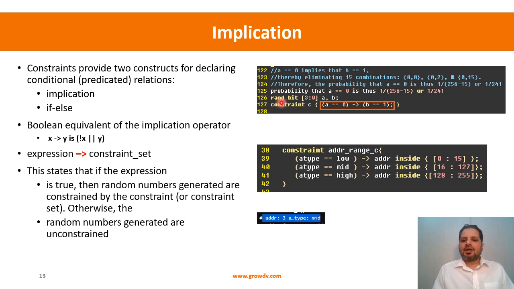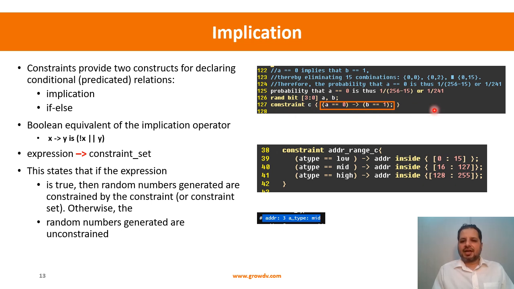So let's take an example. Pay attention over here. This is a slightly confusing concept. I have two 4-bit vectors over here. I have said rand bit [3:0] a, b, which means both a and b are 4 bits. So they can totally take 8 bits worth of value. In the absence of, let's say, I don't even have this implication operator constraint, that is constraint block C, where I'm saying if a is equal to 0 implies b must be equal to 1.